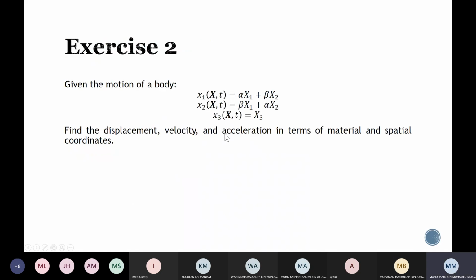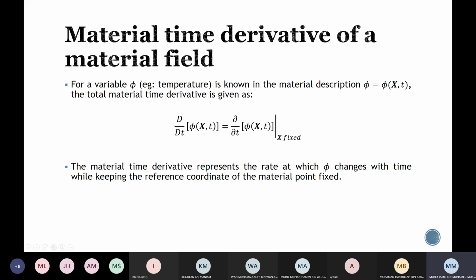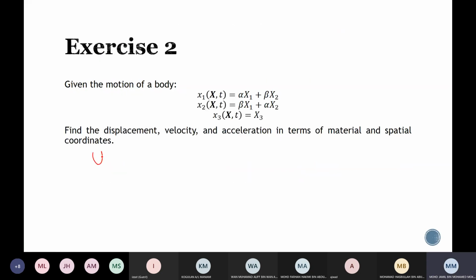Okay, now let's look at this exercise. So given the motion of a body, this is the motion, and then find the displacement, velocity, and acceleration in terms of material and spatial coordinates. So let's find the displacement first. So displacement for the material coordinate.